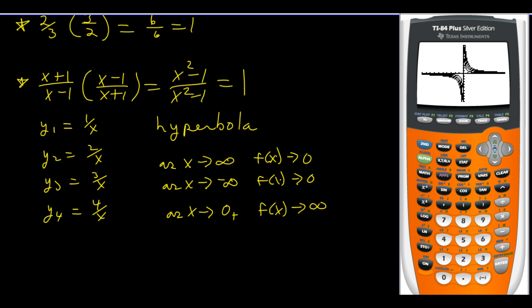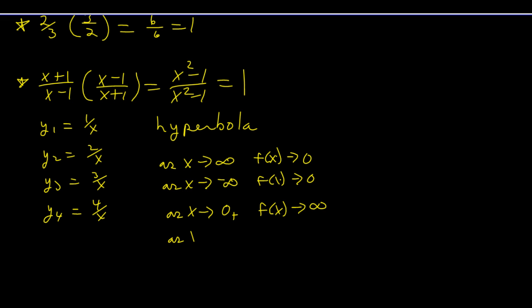See, as I'm moving in from the right, positive values of x getting closer and closer to 0, my graph is going up and up, higher and higher, so it's approaching infinity. And as x approaches 0 from the left side, you'll notice that f of x goes to negative infinity. So that's some of the properties of the reciprocal function.